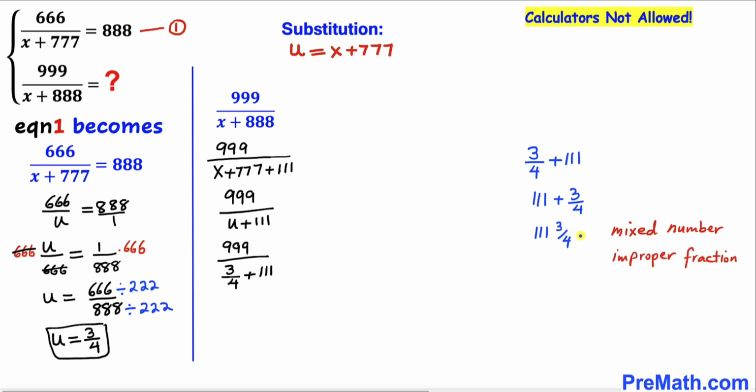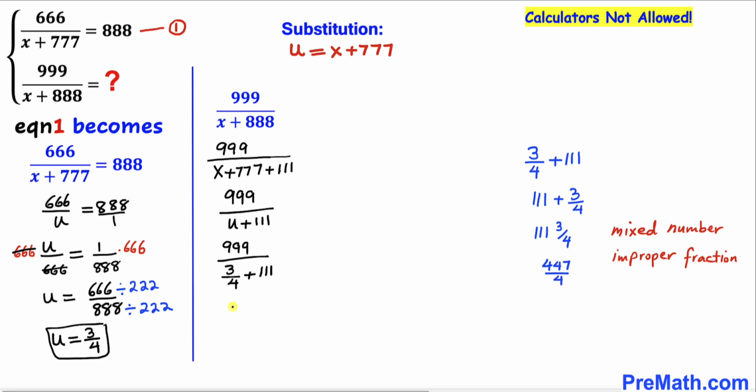Now we can convert this mixed number into an improper fraction by multiplying 4 times 111, and then I'm going to add 3 to it. So I'm going to replace this denominator by 447 divided by 4.